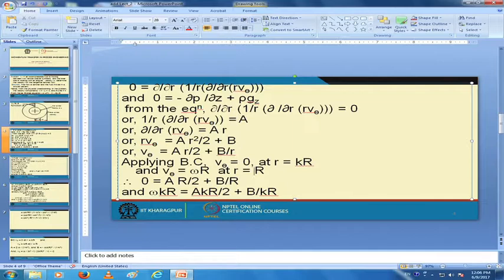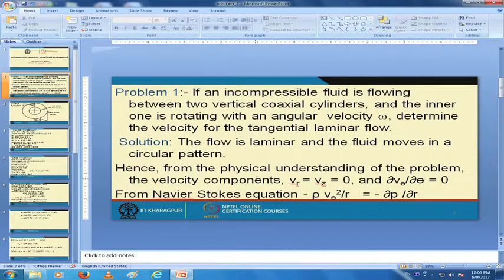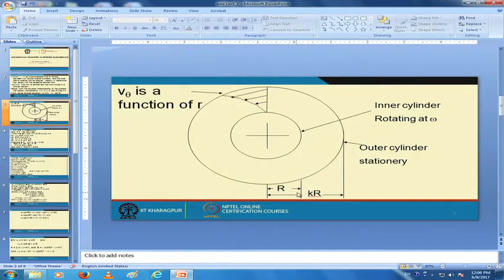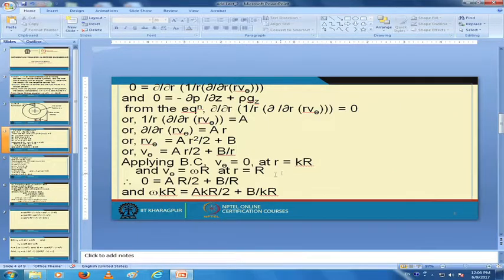In our new system, this is omega r and kr. So at r is equal to kr, V theta is 0, this is fixed, and at r is equal to R, V theta is omega r.